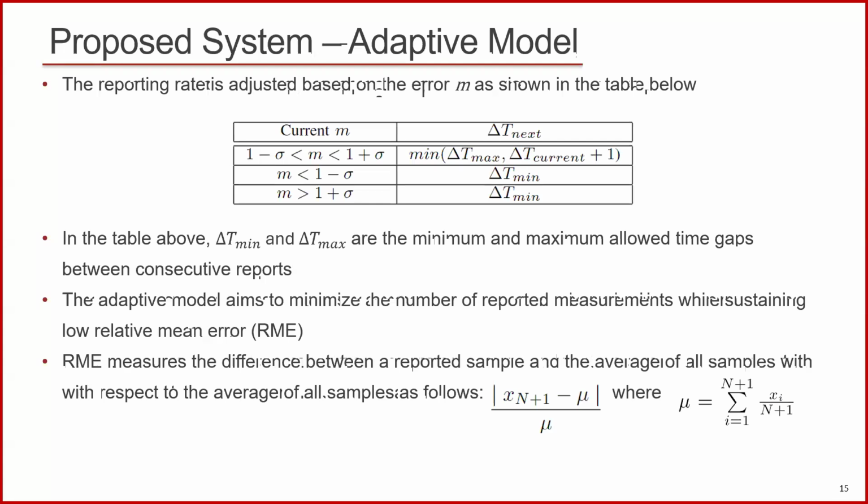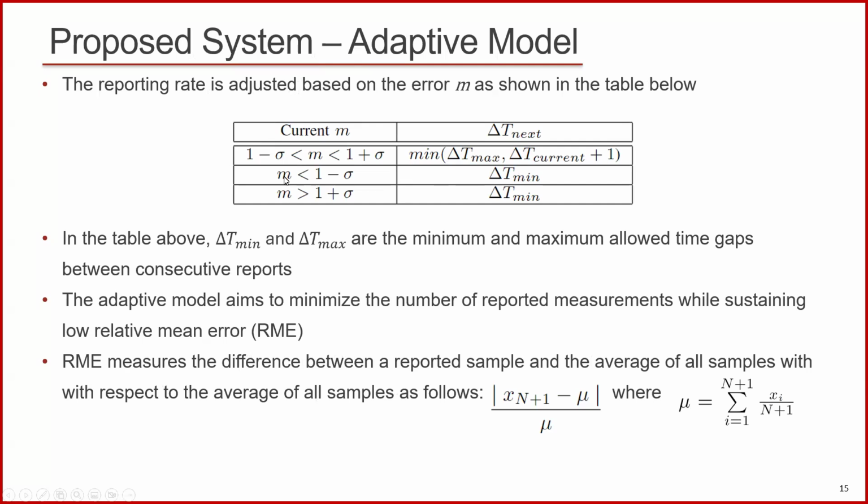And here it's really important to note that increasing the time between reports will decrease the reporting rate, because the reporting rate depends on the time. As the time increases, the reporting rate decreases.